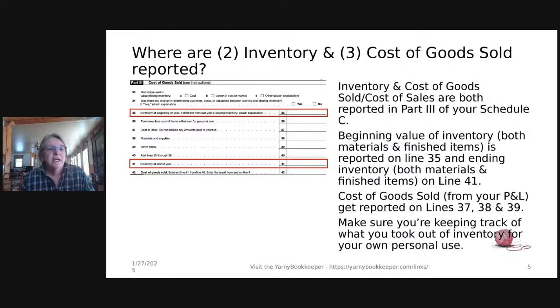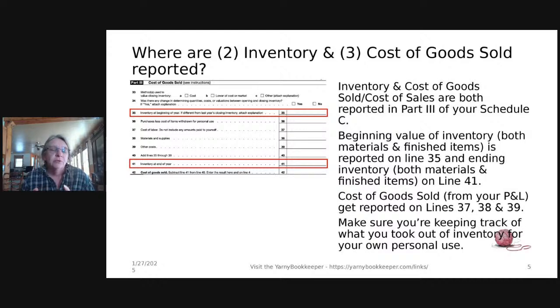Okay, so now we're going to talk about reporting inventory and cost of goods sold. So both of these are reported in Part 3, cost of goods sold, on your Schedule C. It's really not anything more than one big old math formula that pulls numbers from both your profit and loss and your balance sheet reports, starting with the value of your beginning inventory, which includes both materials and finished items, on line 35, and then ending with the value of your ending inventory on 12/31.